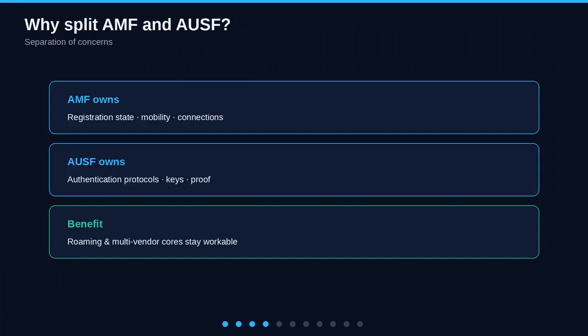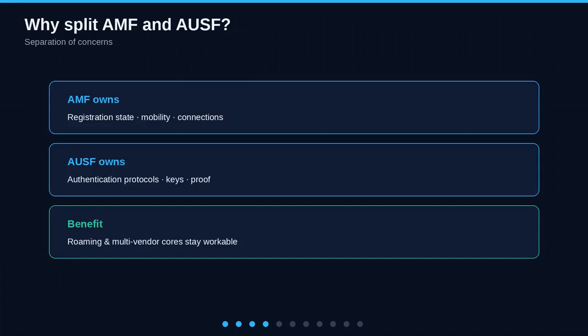If you collapsed everything into one box, you would couple mobility failures to security failures and make roaming and multi-vendor networks much harder. So, at this beat in the story, the baton has moved UE to AMF with the registration request, then AMF to AUSF with Nausf_UEAuthentication_Authenticate request.